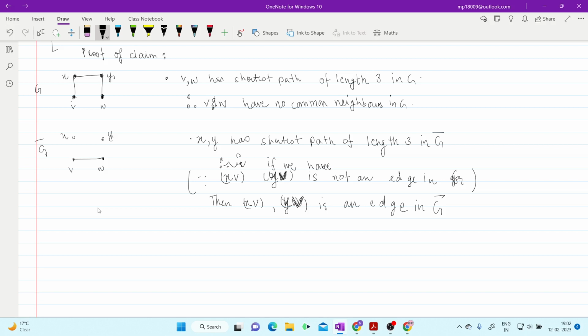So we see that V has to be connected to either X or Y.